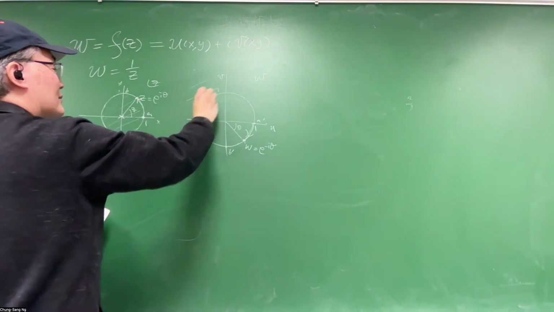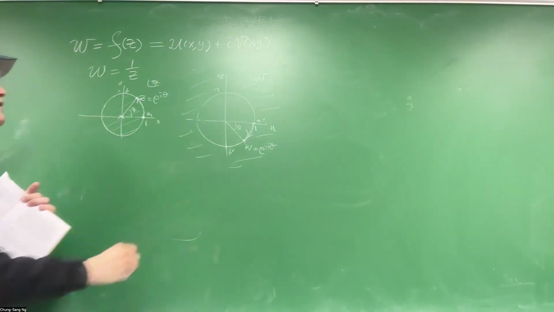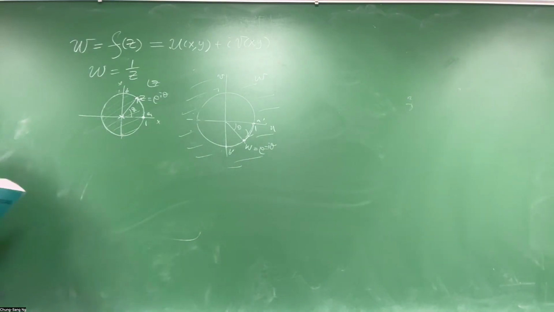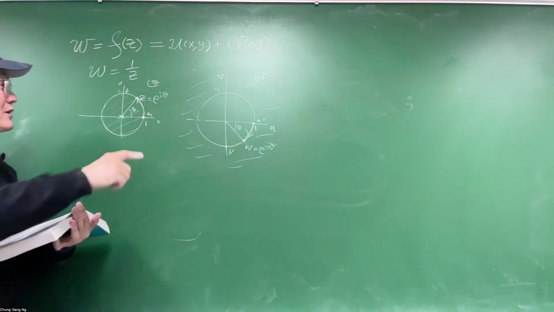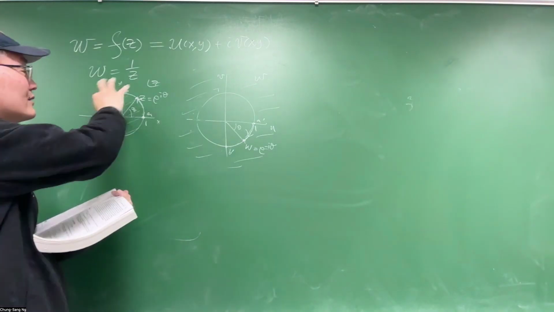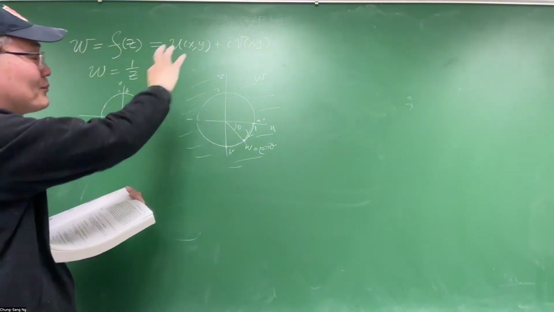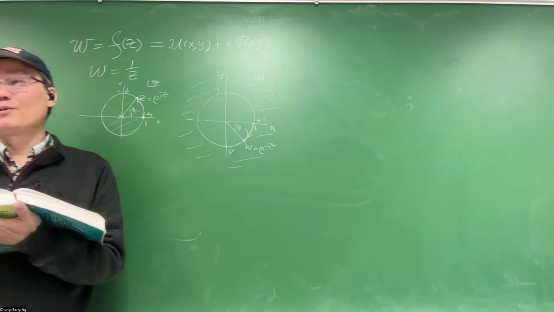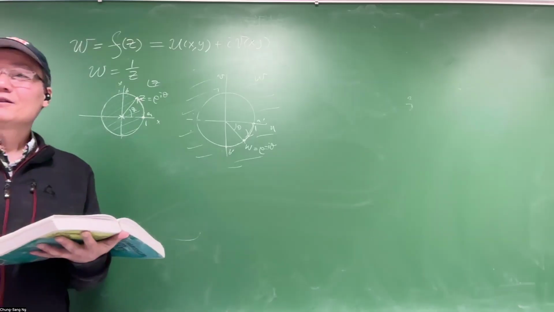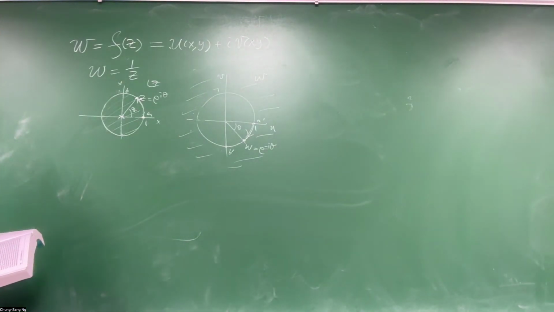You use the concept of continuity to help you identify which part of the original domain will map to which part of the corresponding mapping. Okay, so that's one consideration.